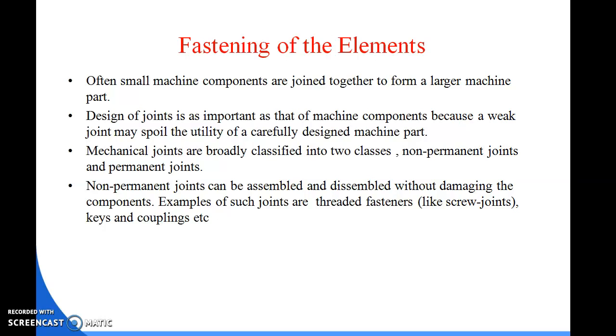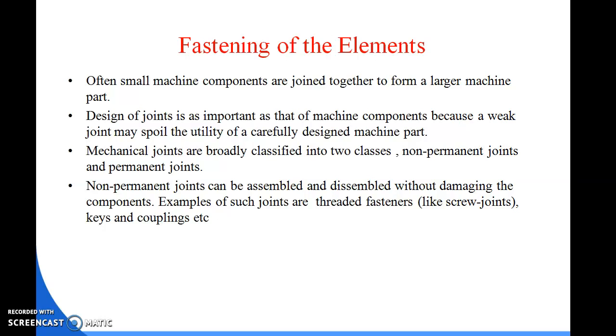Mechanical joints are broadly classified into two classes: non-permanent joints and permanent joints. We can also call them temporary fastening and permanent fastening.